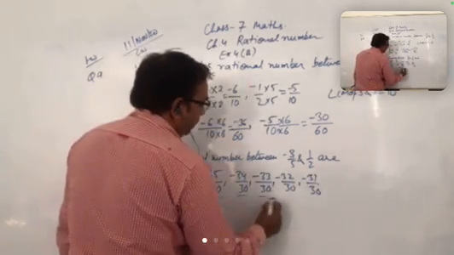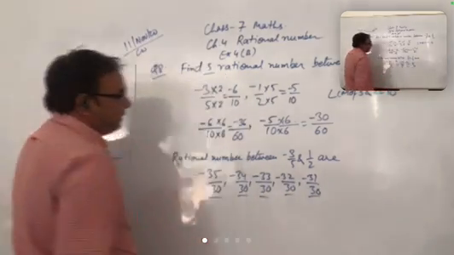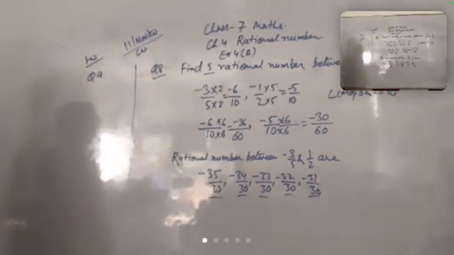Now count 1, 2, 3, 4, 5. Exactly 5 numbers come in between the two numbers.